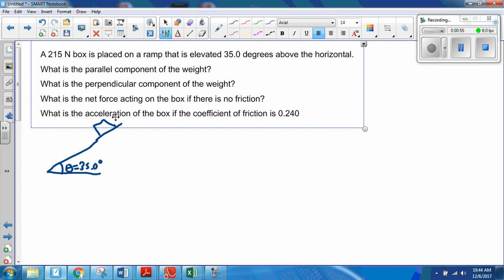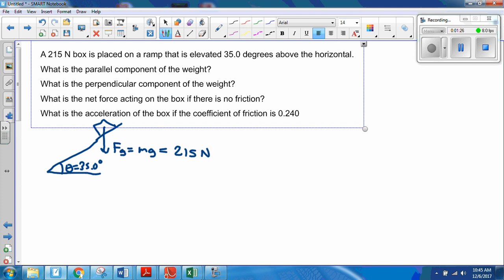Okay, and anything that's on the earth has something that pulls it down, and that's called gravity. So going straight down, we have Fg, which everyone knows is equal to what? Well, not 9.8, it's mg, there we go, which is equal to the mass times 9.8, but in this case it says that it is 215 newtons.